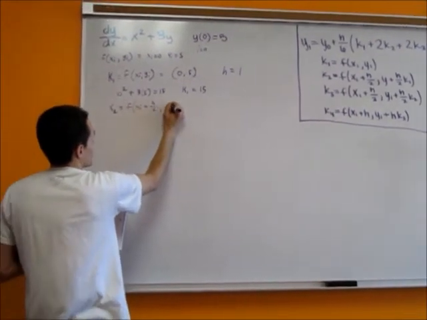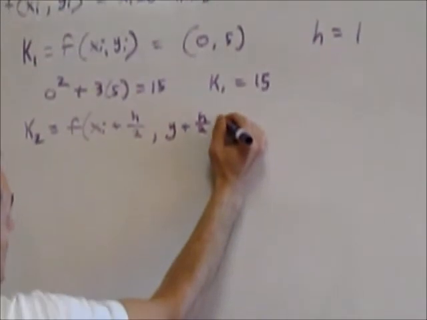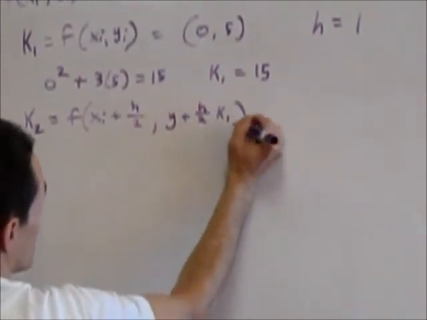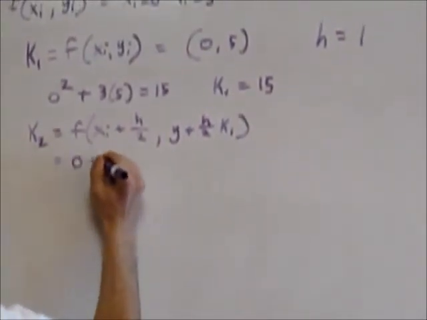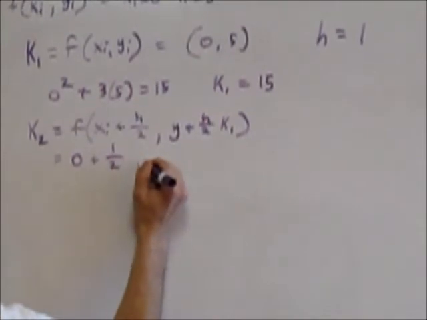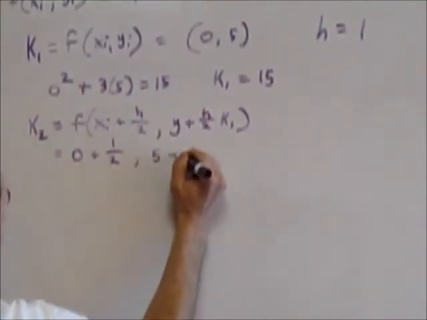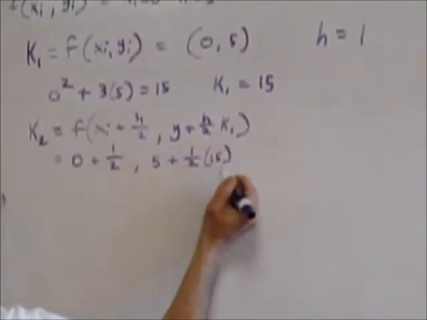And then our y plus h over 2 times our k1 value. So that becomes 0 plus 1 over 2, comma, our y, which is 5, plus 1 over 2 times 15.